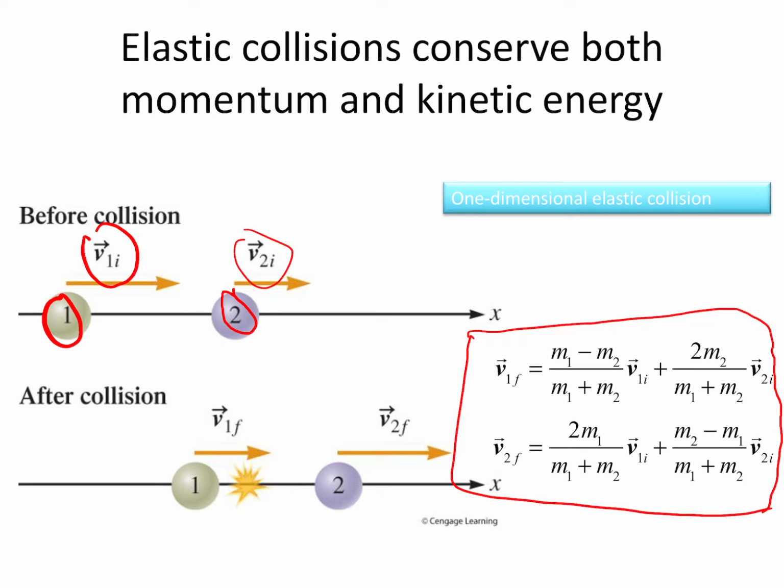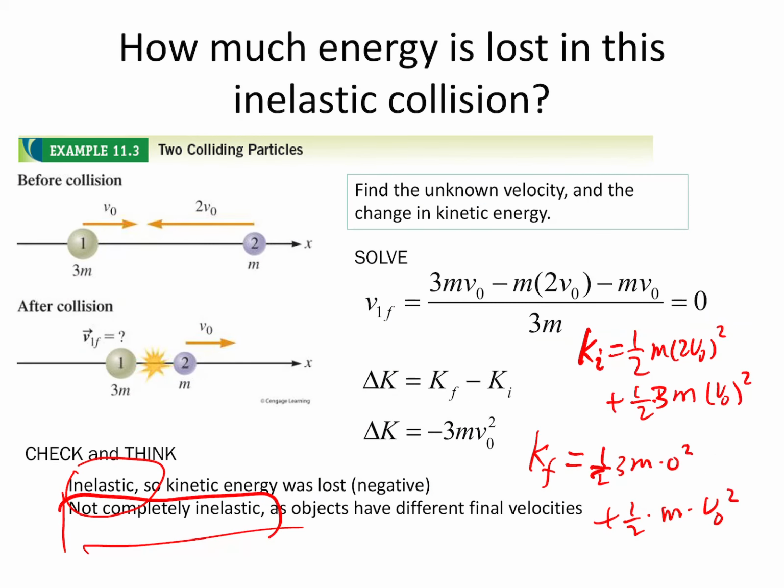We just need these four quantities, and then we can calculate v1f and v2f, the final velocities of object 1 and object 2. Now this is different from the problem we did, where you need 5 quantities: 1, 2, 3, 4, 5. And why is that?